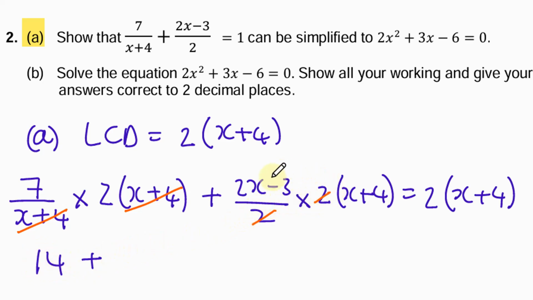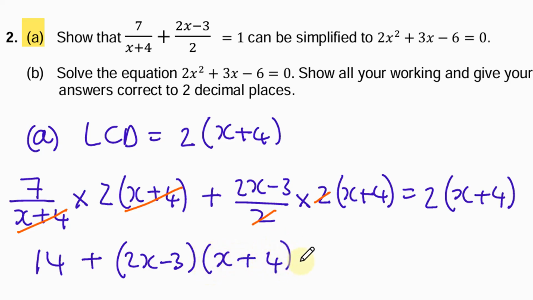And then from the second term, we have 2x minus 3 multiplied by x plus 4. On the right-hand side here, we can multiply the 2 into the brackets. So 2 times x will give us 2x, and 2 times 4 is 8.